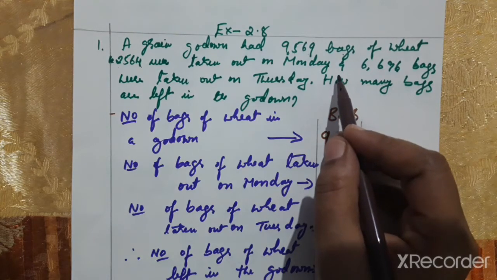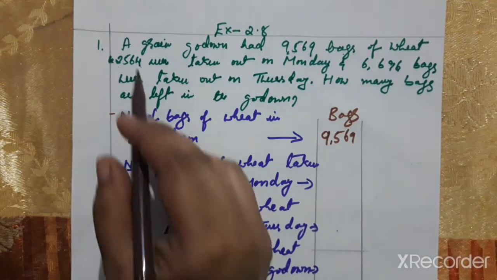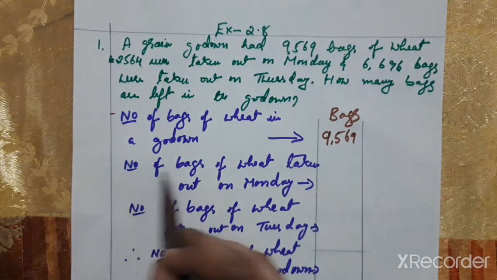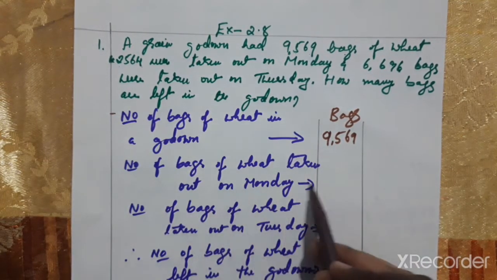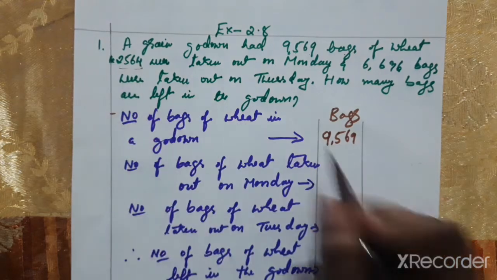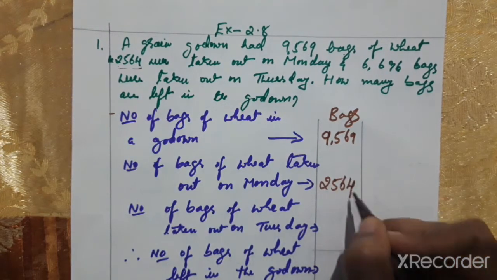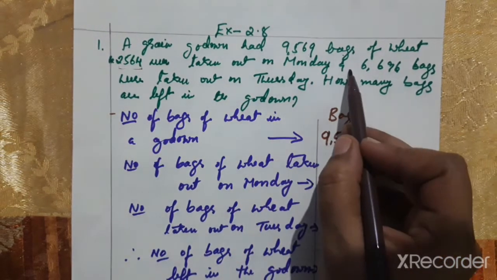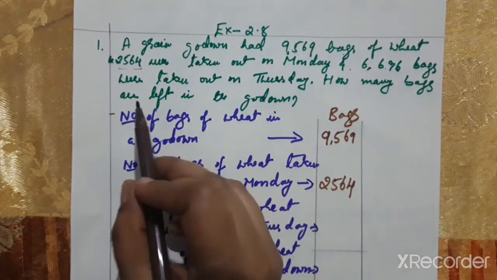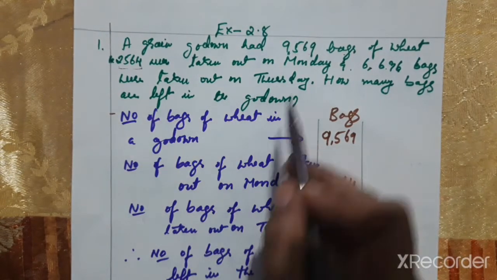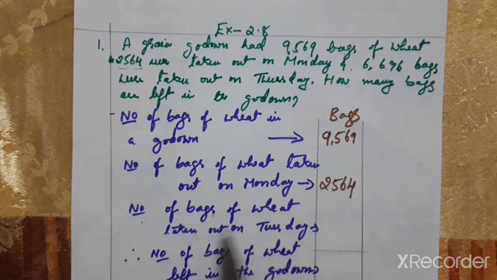So the sentence is, number of bags of wheat taken out on Monday. How much is given? 2,564. Then 6,696 bags were taken out on Tuesday, so number of bags of wheat taken out on Tuesday.